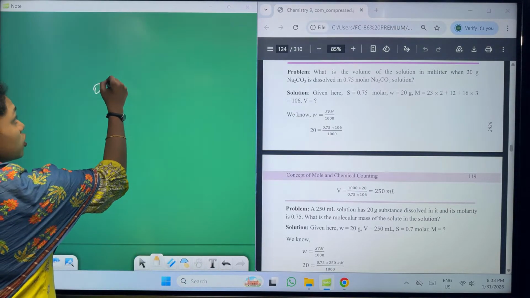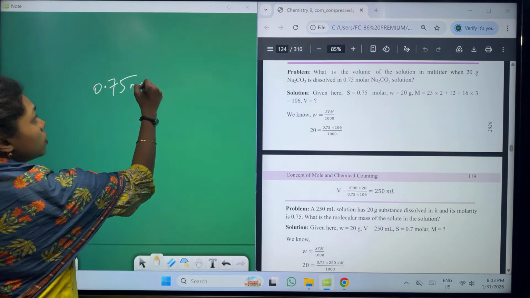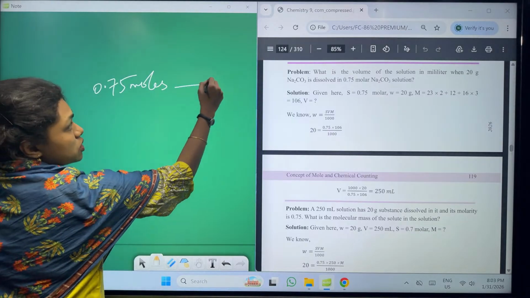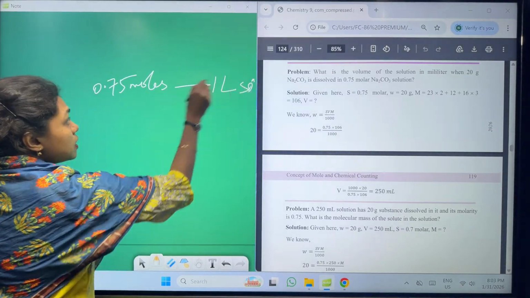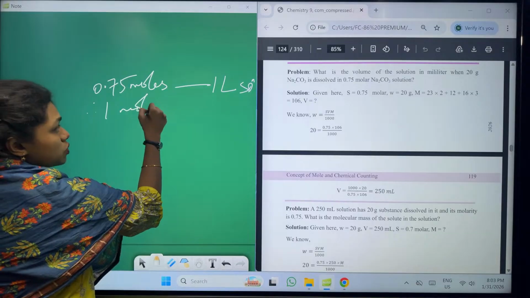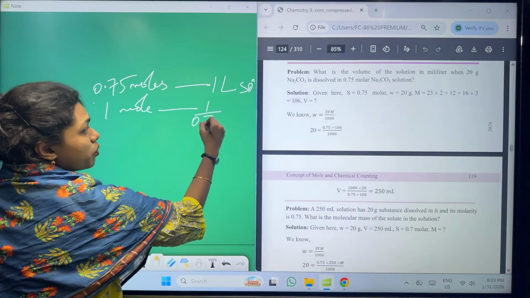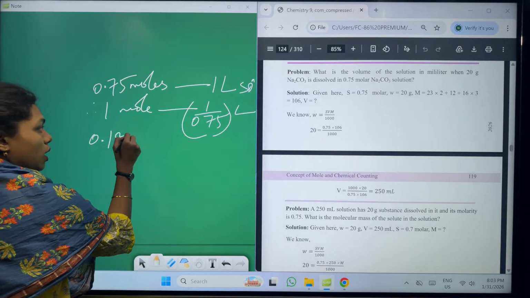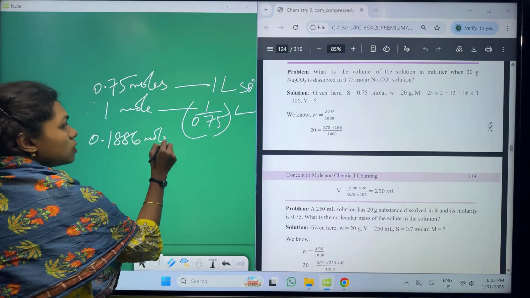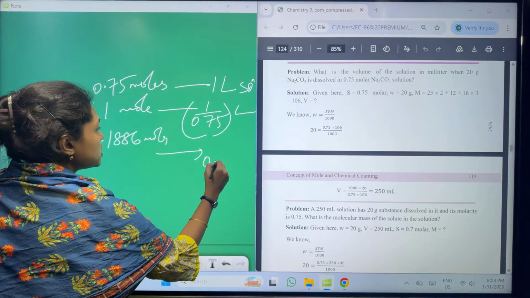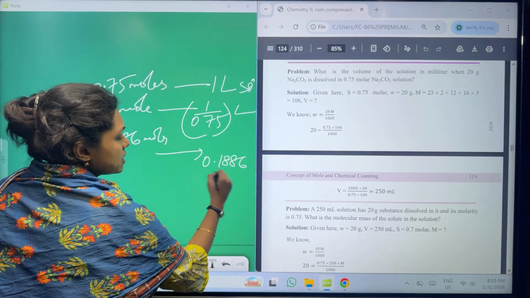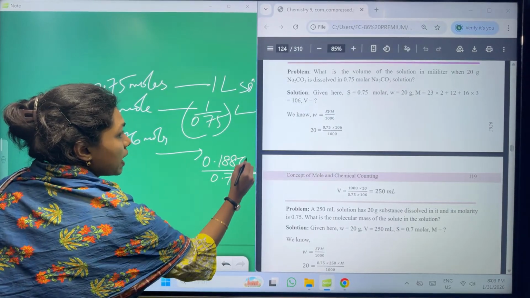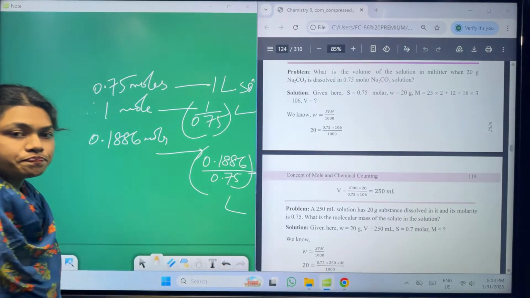If 0.75 moles of Na2CO3 is dissolved in 1 liter solution, therefore 1 mole of Na2CO3 is dissolved in 1 by 0.75 liter solution, and therefore 0.1886 moles of Na2CO3 is dissolved in 0.1886 divided by 0.75 liter solution.